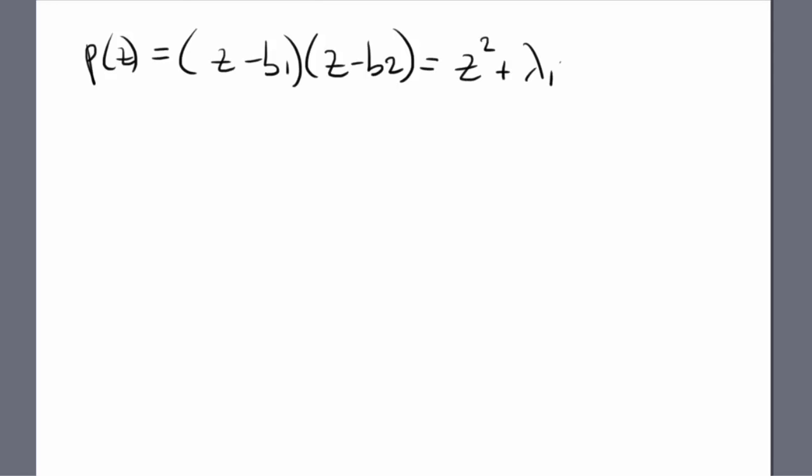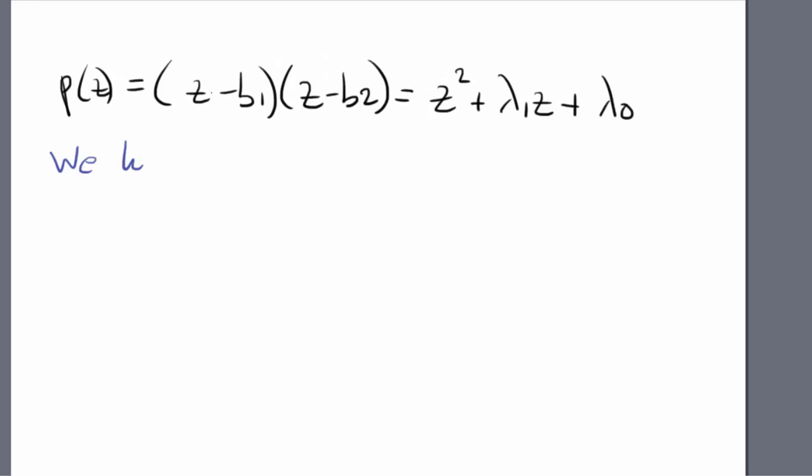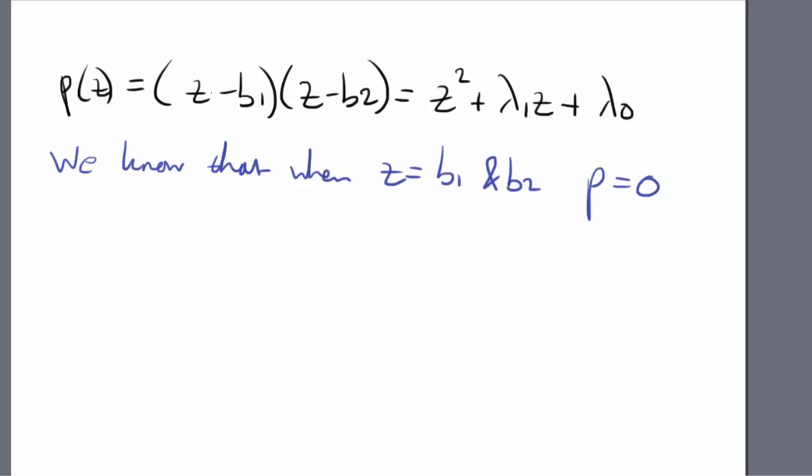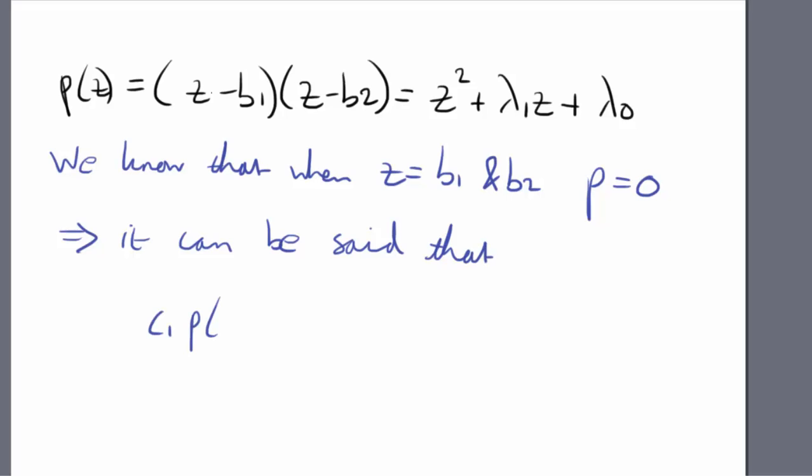From this we can make a polynomial, a general polynomial. This gets much larger the more exponential values you put into it. But in this case we're just using 2, so we have 2 lambda values. And we know from here that if we set z equal to b1 or b2, p is going to be equal to 0. So it can be said that C1 times P of B1 plus C2 times P of B2 is equal to 0.